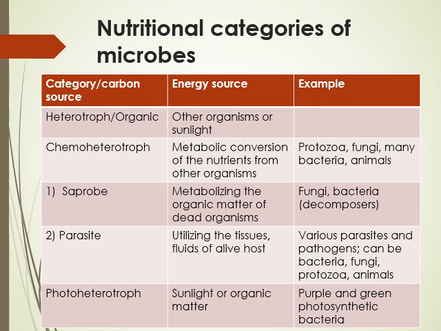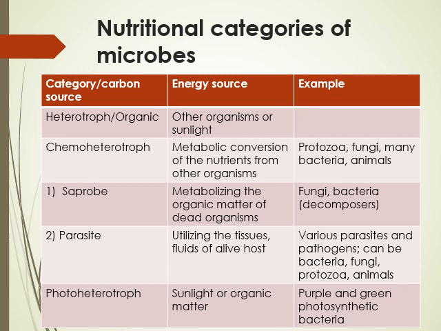Parasite is also chemoheterotroph, but parasite lives in the living organism. So they utilize the tissues, fluids of a live host. For example, we have protozoa as parasite, virus as parasites. So mostly they are pathogens.